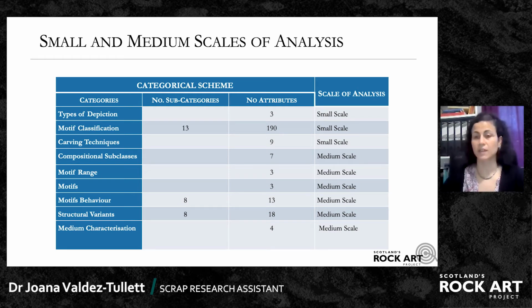The motif classification category is by far the most complex one that we're dealing with, and it really reflects the great variation of shapes that we encounter in Atlantic rock art iconography. And as you can see here, I have related each of the categories to a specific scale of analysis, which you can find on the right-hand side of this table. The landscape is missing because Linda will talk about it later.